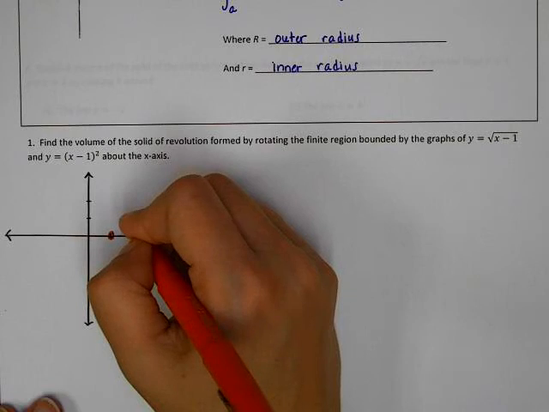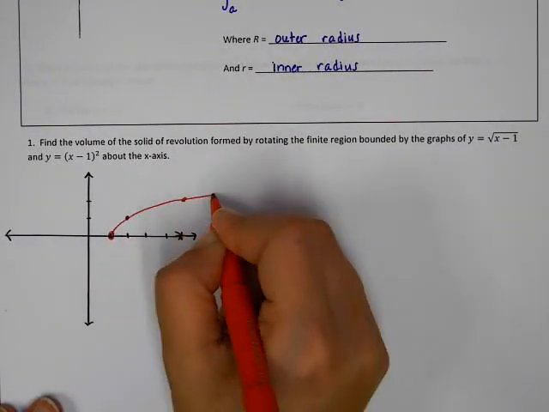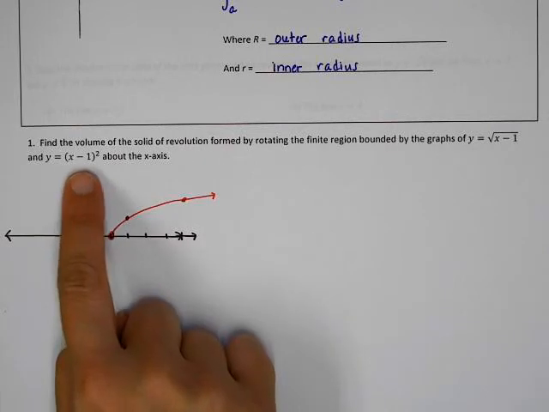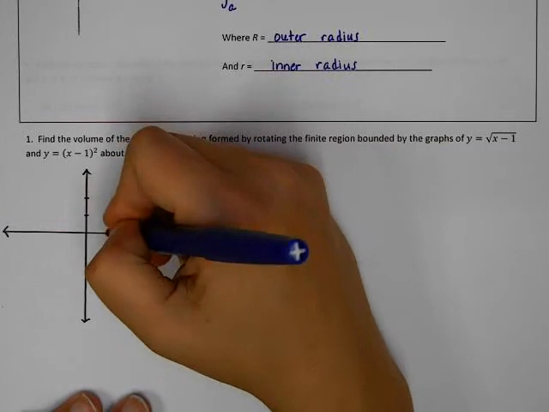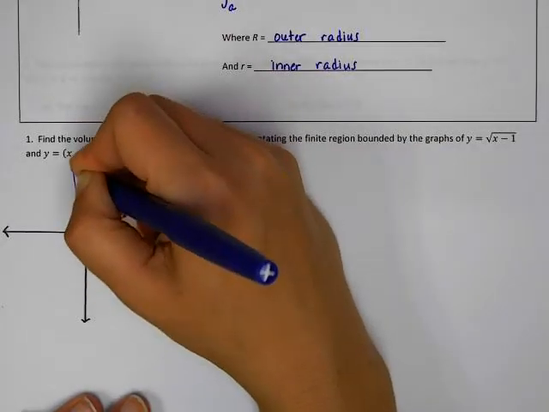It's going to go like this. And then we also want to graph y equals x minus 1 squared, which is a parabola that has also been shifted to the right one space. So my vertex would be here, and my parabola would look like this.